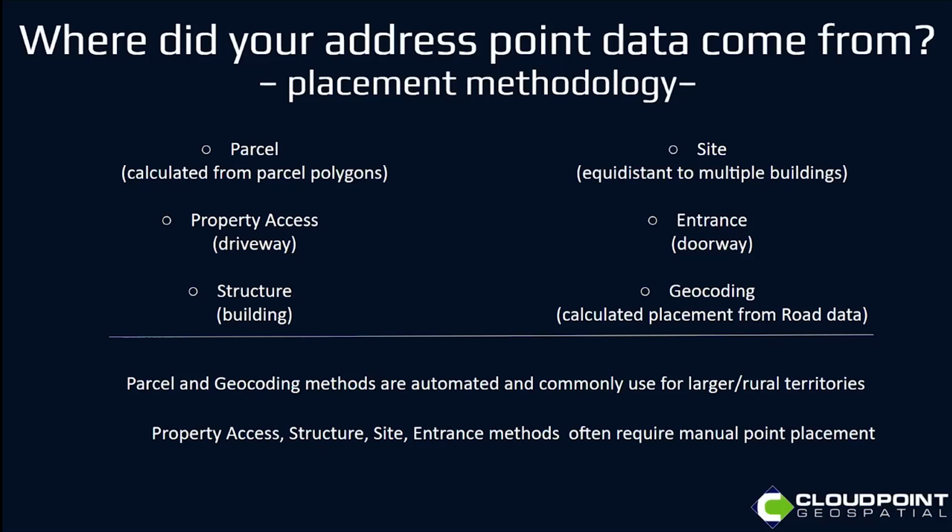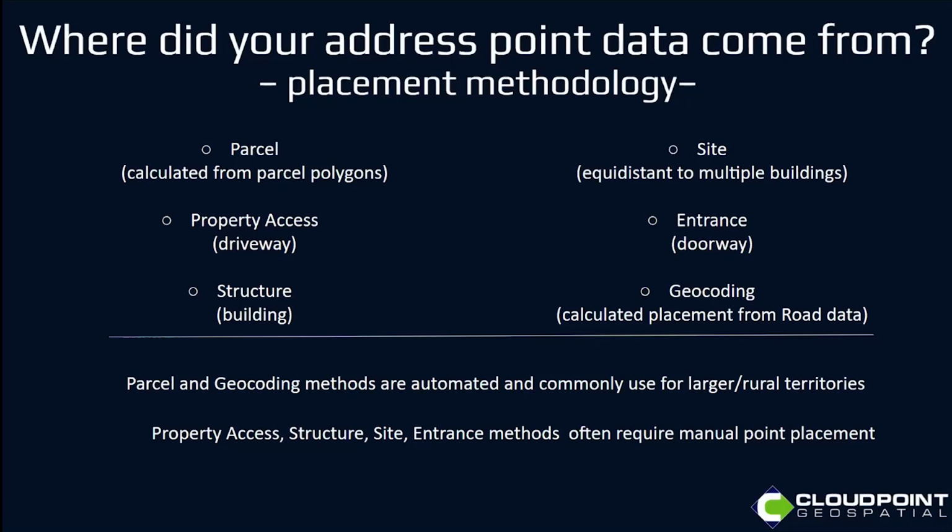And then finally, geocoding. In this instance, geocoding refers to placing an address point based on where it lies on an address or a road centerline range. So parcel and geocoding methods are automated. So that's fast, inexpensive, quick. And they're commonly used for rural or larger territories because they can be automated.